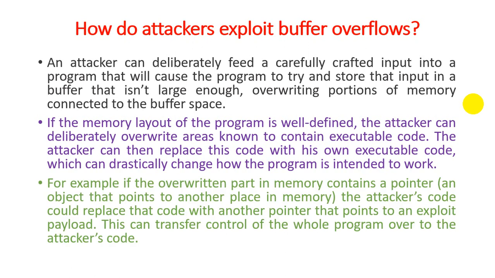For example, if the overwritten part of memory contains a pointer to an object that points to another place in memory, I think you know what a pointer is. The attacker's code could replace that pointer with another pointer that points to an exploit payload. This can transfer control of the whole program to the attacker's code.